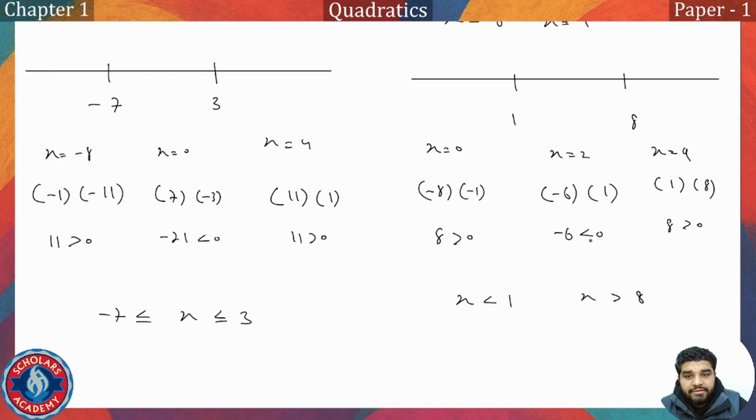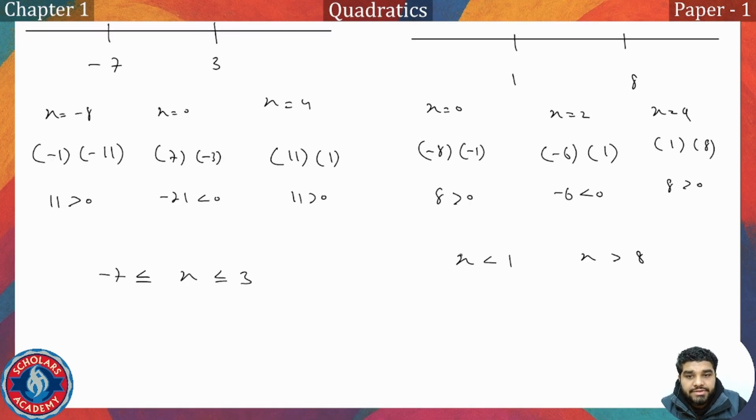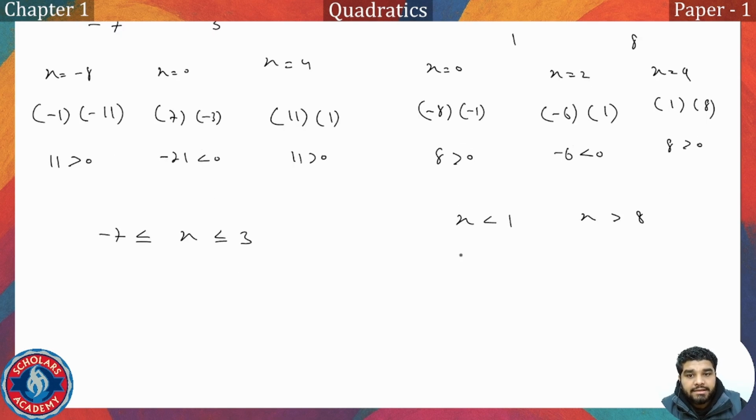So if I check the intersecting values of these two intervals for satisfying both the inequalities, one we have negative 7 to 3, and the other we are having less than 1 and greater than 8, right?